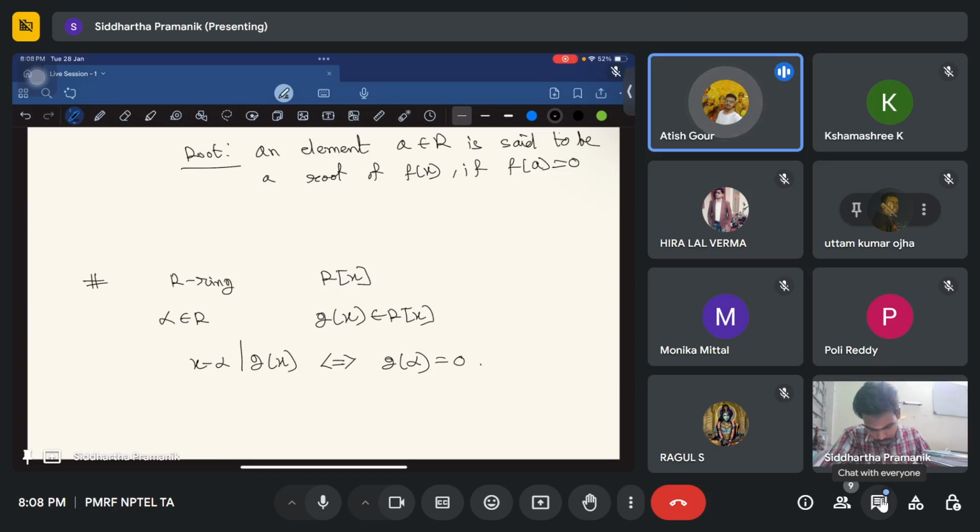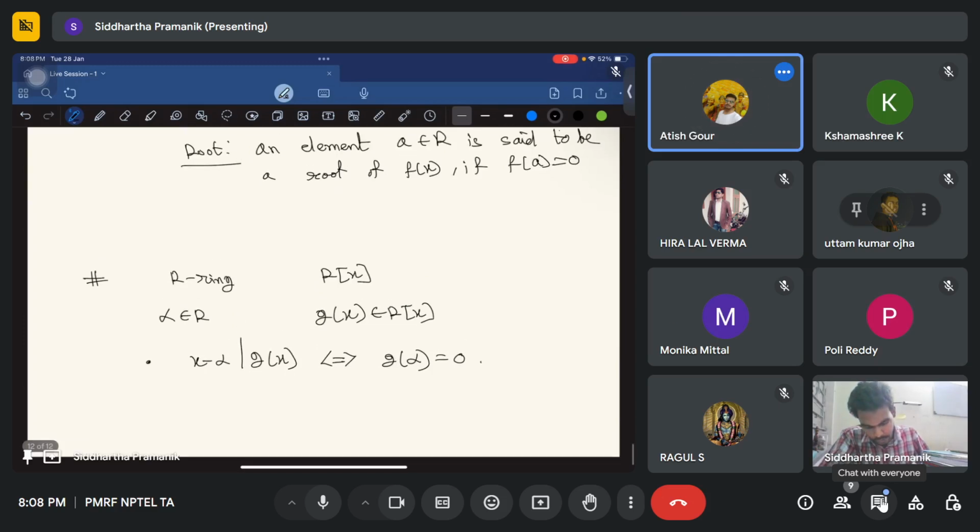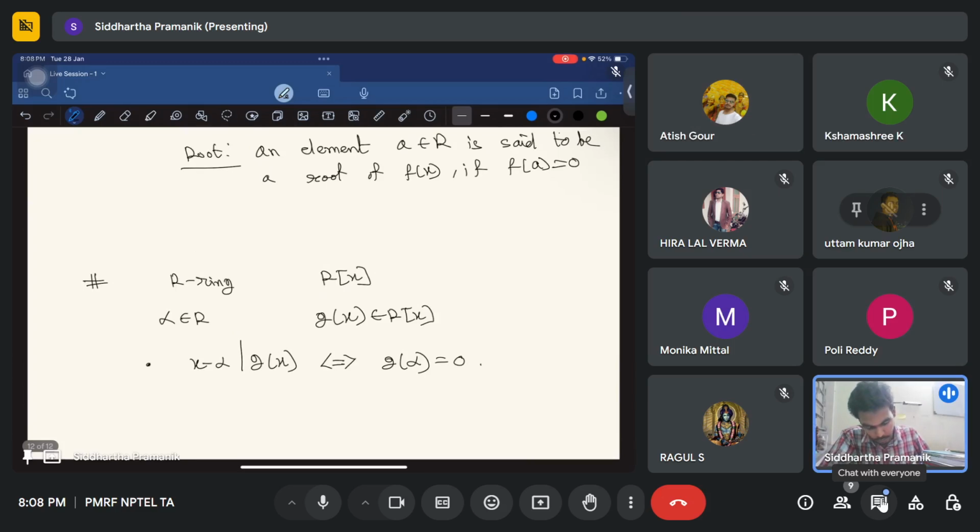Yes, that's easy. And one more thing was there: the degree of the quotient should be less than the degree of the remainder.